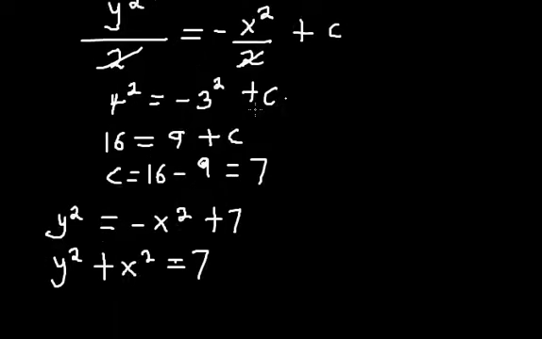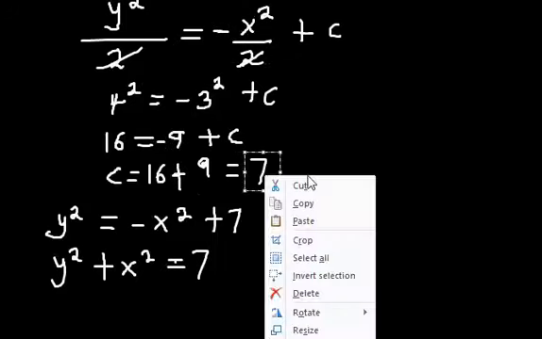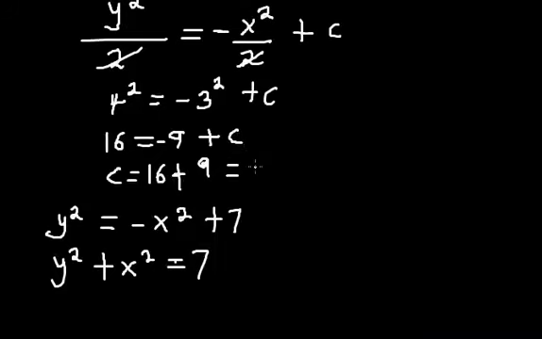Okay, I kind of made a mistake here. This is minus x square, so the minus was supposed to still be here, right? So I take the minus to the other side of the equation, that's going to be plus 9, and if I add that, that's supposed to give me 25.